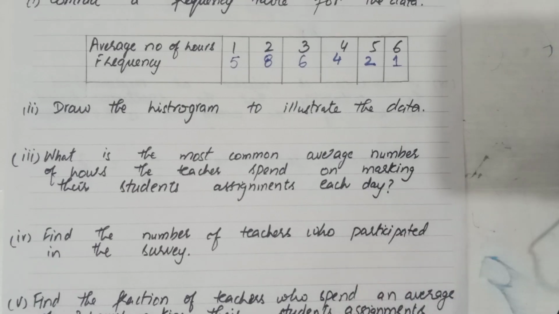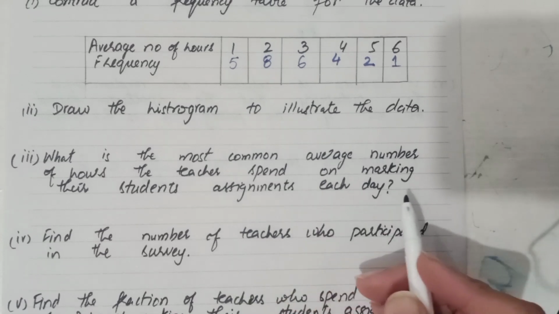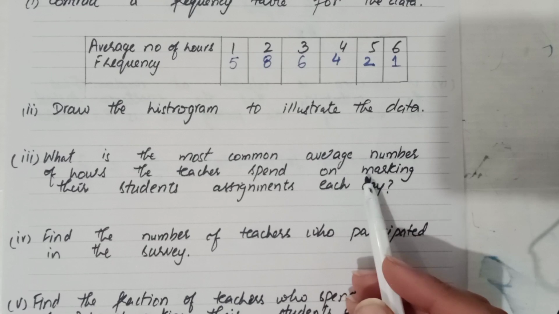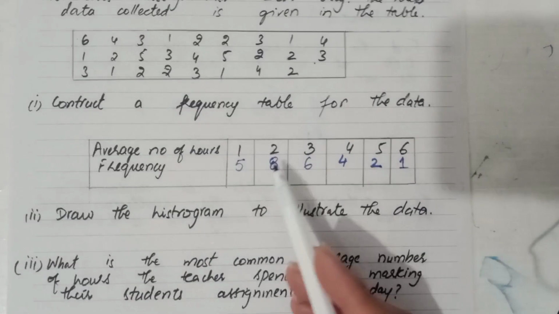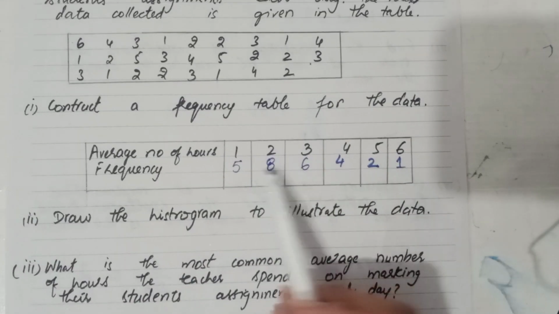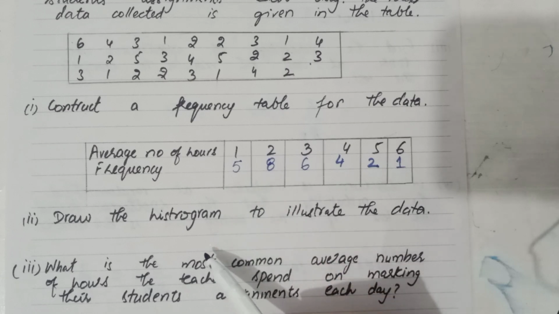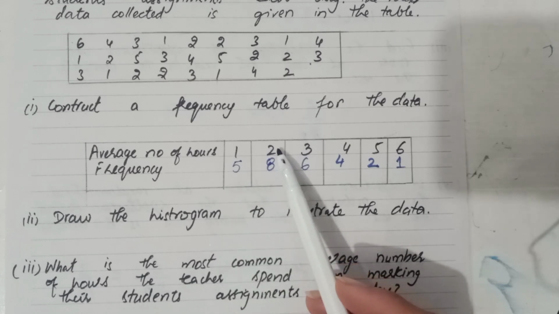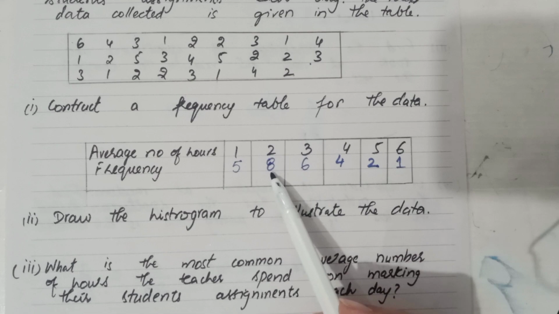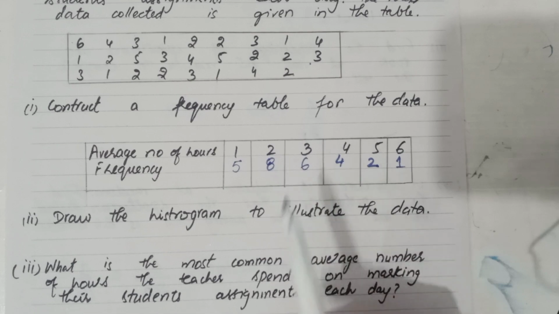And now students, part number 3. What is the most common average number of hours teachers spend on making the student assignment each day? That is 2. We can observe it from the frequency table and also from the histogram. The average number of hours is 2, whose value is largest, 8.